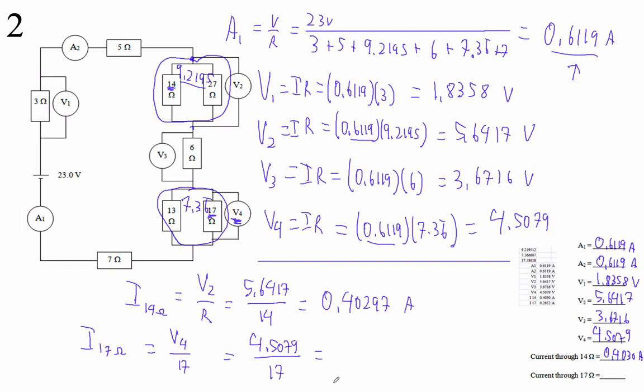Let's find that. There it is. Divided by 17. And that is 0.2652 amps. All right.